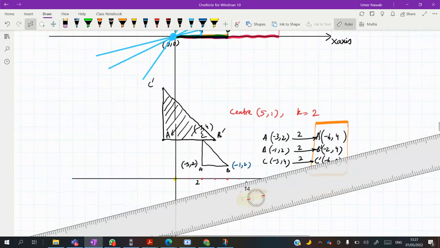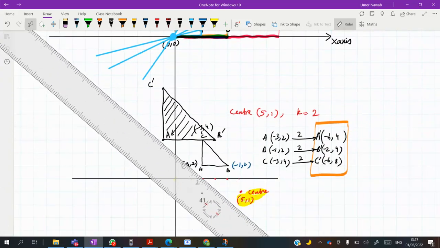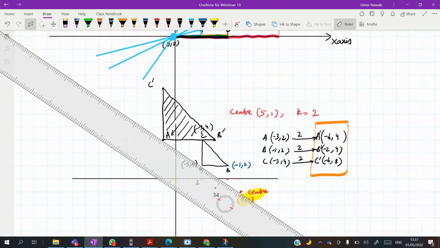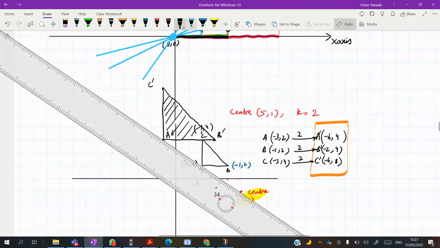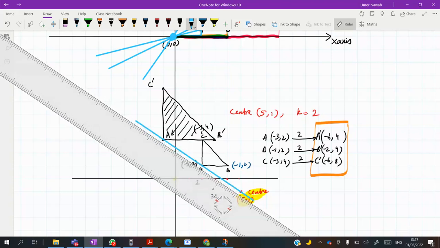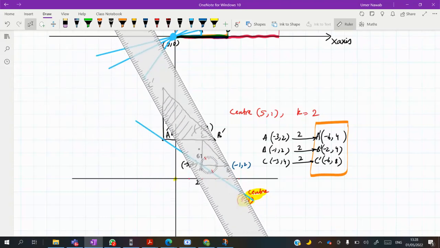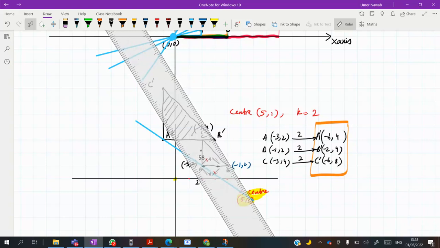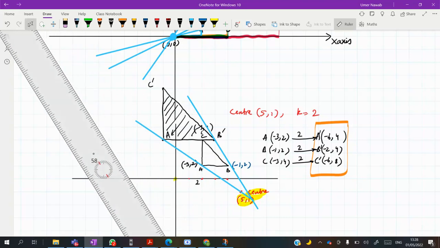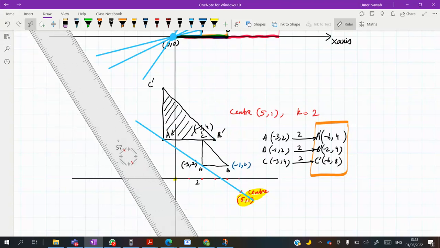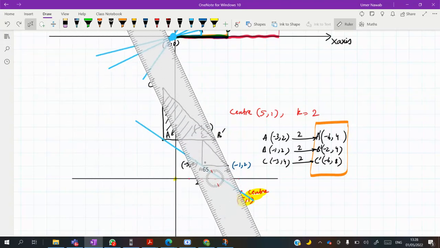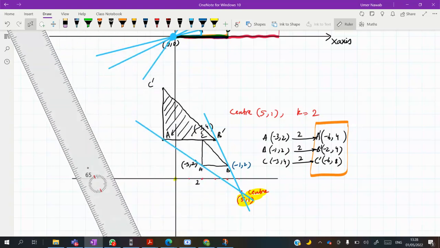I can do the same practice in this case. If I join A and A dash, boys, in front of you, and I join B and B dash, in this case again you guys can see B and B dash, you can see again the lines are passing through the center.